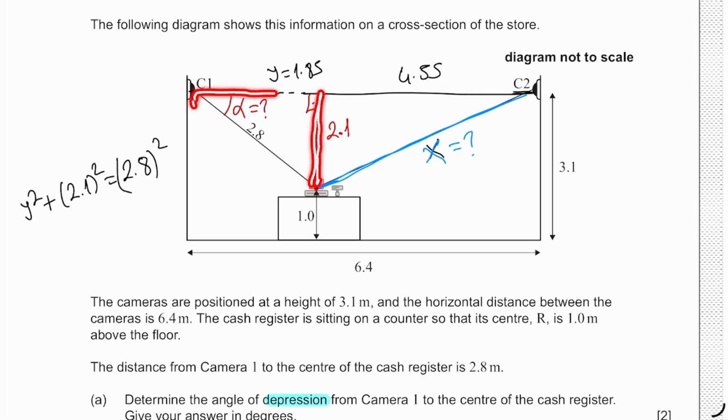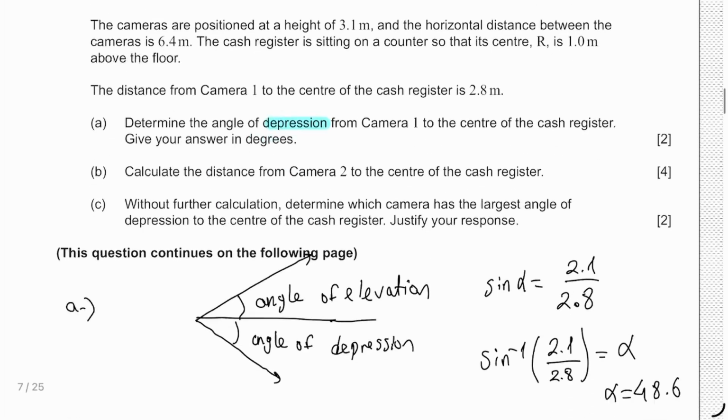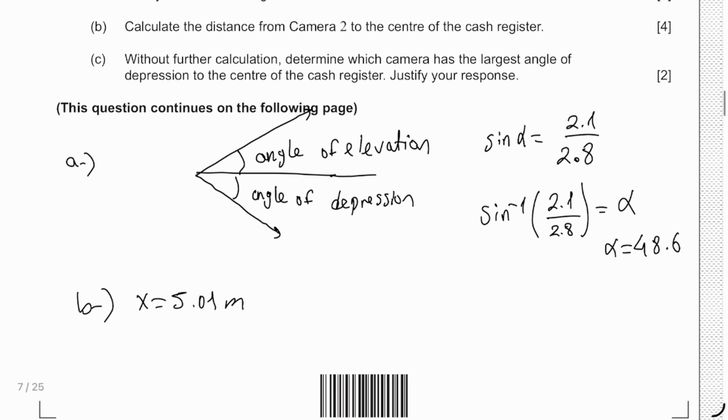Since this one is closer to the center, because this is 1.85, this is 4.55. If you are closer, your angle will be bigger and bigger, right? So this angle is of course bigger than this angle. So C1 is bigger than C2 because it's closer.